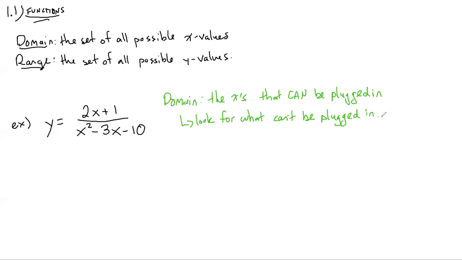For example, if we're in this universe of real numbers, we can't plug negatives into a square root. This is something that's probably even a little more familiar to you. Here we've got division, and we know that we can't divide by 0. So we're looking for our restrictions.